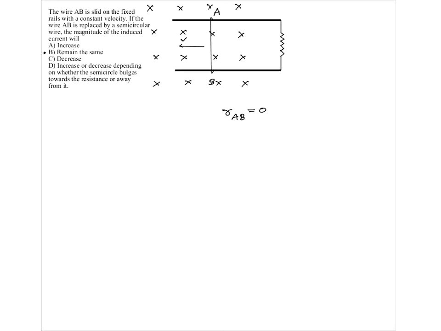Now one important point here. RAB is 0. In fact, it was important to say it earlier, because otherwise the answer will be different. The answer will be beta provided RAB is 0.